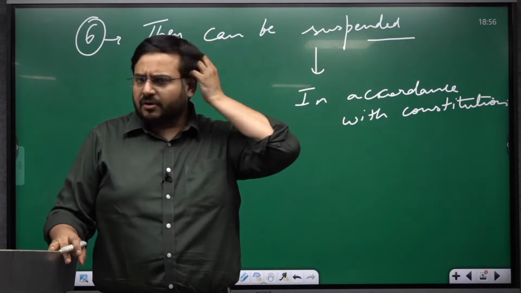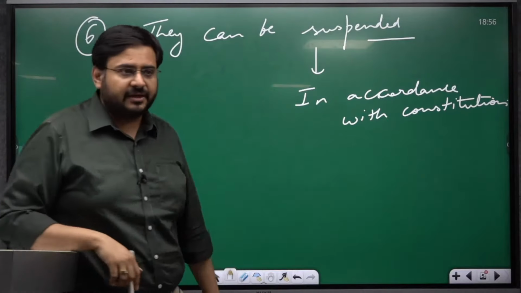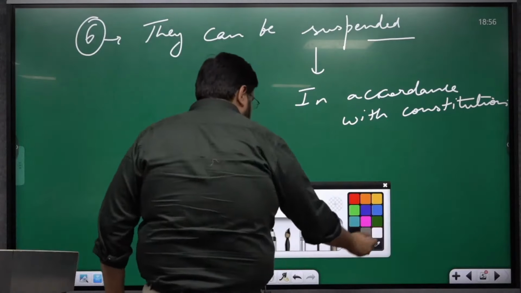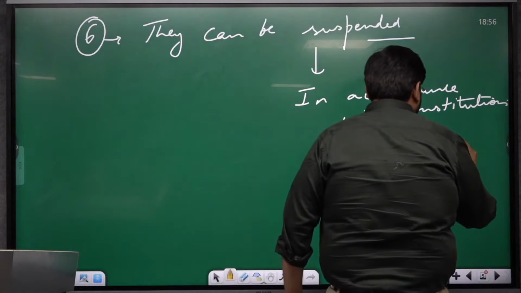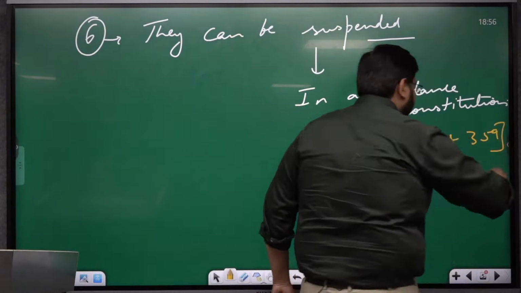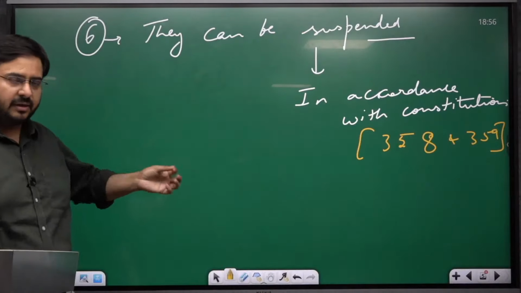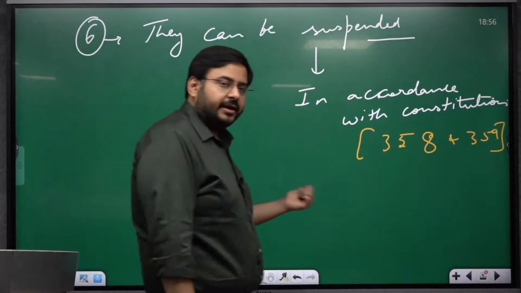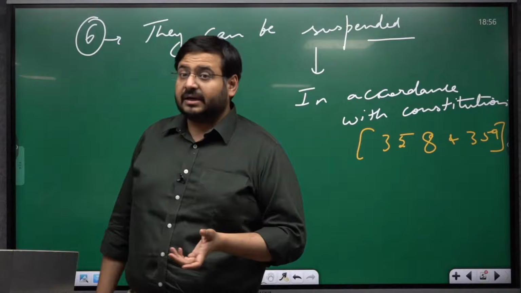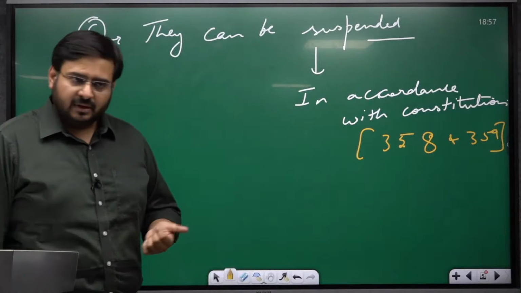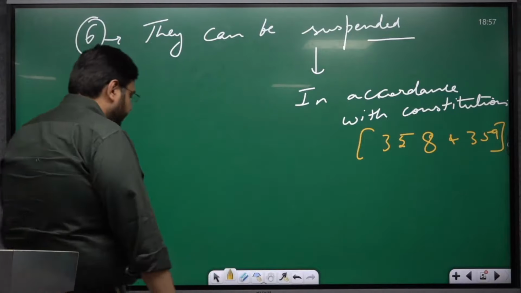And the Constitution allows the suspension of fundamental rights and its enforcement under Article 358 and 359. So under 358 and 359, you see the suspension of fundamental rights. Under Article 358, Article 19 is suspended, and under Article 359, the enforcement, that is Article 32, is suspended. Clear? Then we'll be doing emergency, that will be revised again.